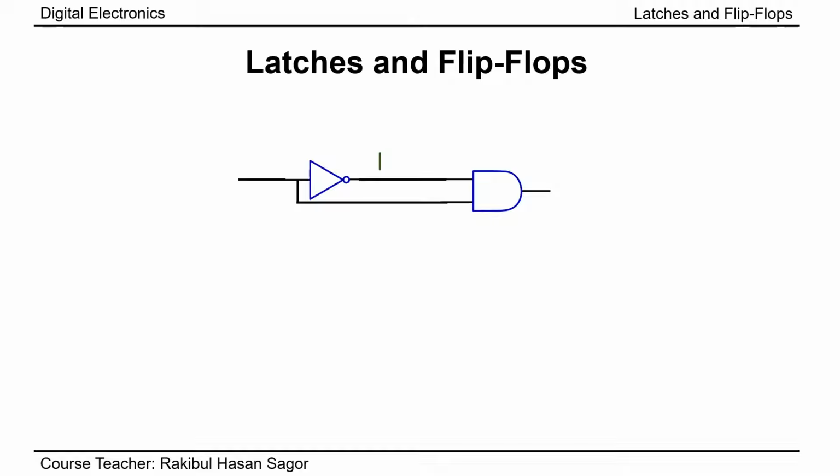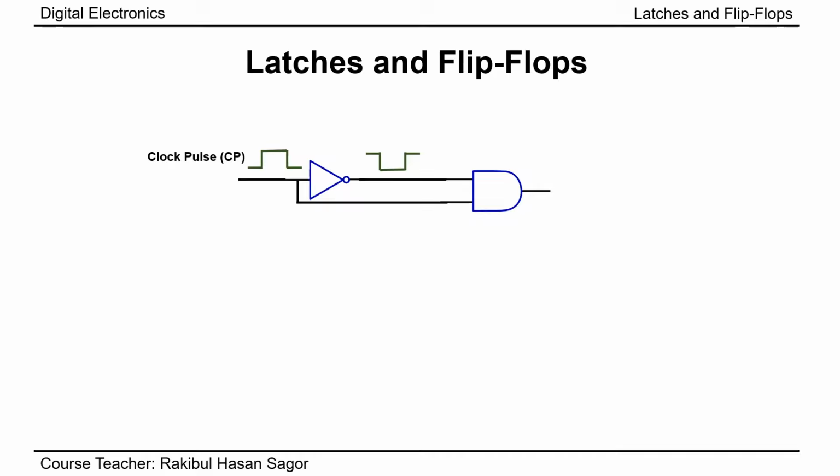Let's see the operation for a clock pulse. We know whenever we pass a signal through any logic gate, it takes some time to respond. Suppose a clock pulse is given here. At the output side of this NOT gate, we'll get the inverted output.